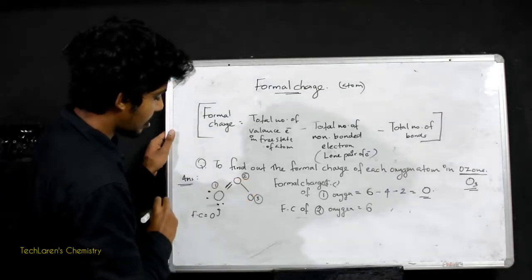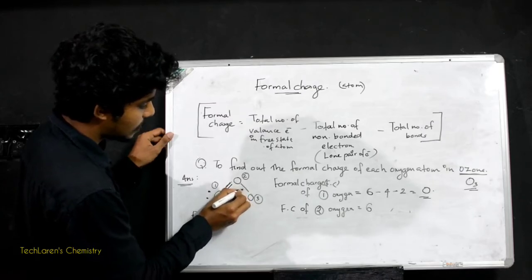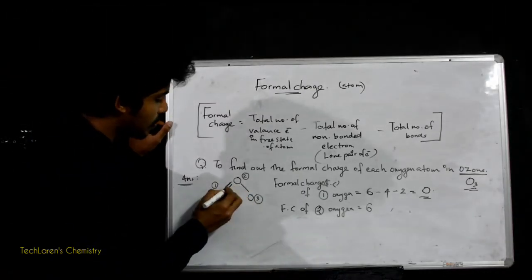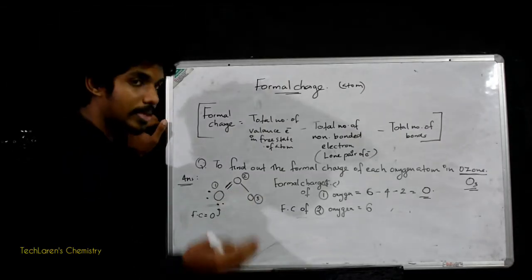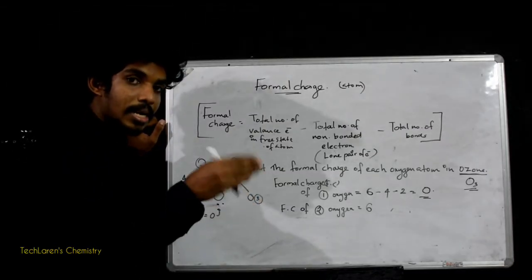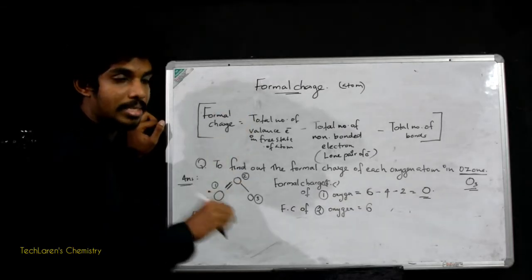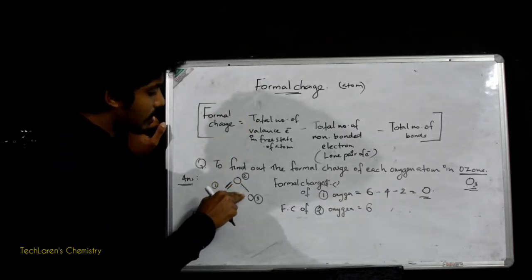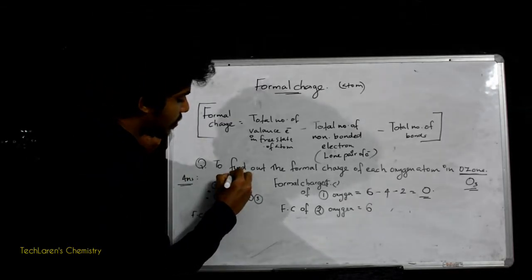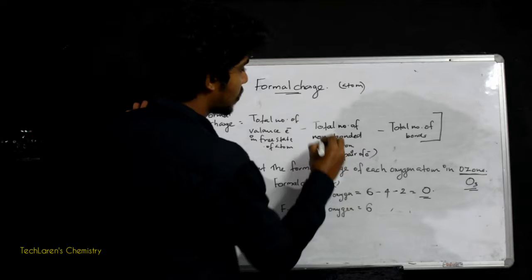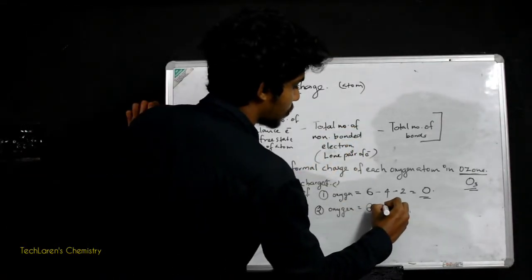Considering the second oxygen, a double bond is present and a single bond is present. So the number of electrons in bond formation is 2, 4 and 6. The total number of valence electrons after bond formation is 8. So 6 electrons are in bond formation and the remaining 2 electrons are here. So the total number of non-bonded electrons, the lone pair of electrons, is equal to 2.